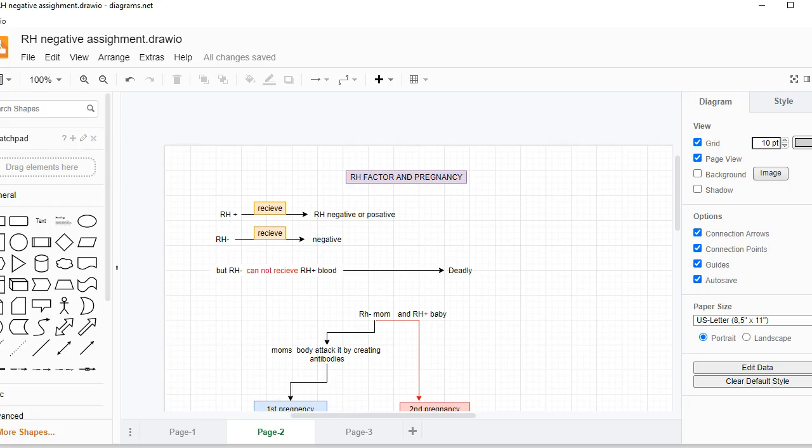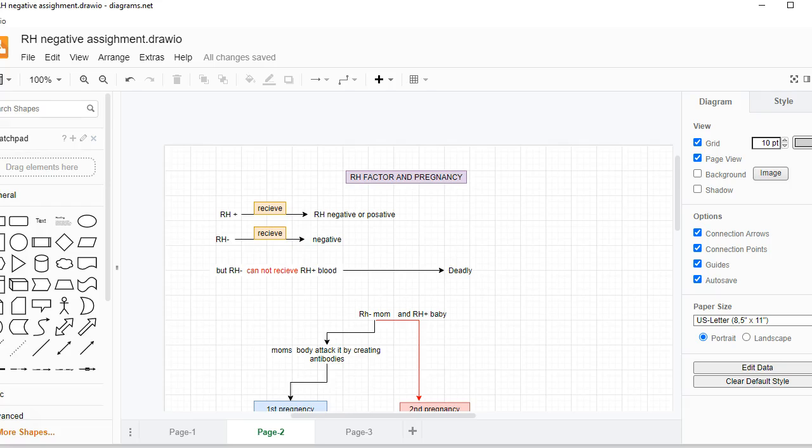What happens is our body recognizes the antigens on our red blood cells. So our body learns to recognize the antigen as being part of our own, so it doesn't attack it. But if we don't have it, our body thinks it's a foreign thing, so it attacks it by creating antibodies.